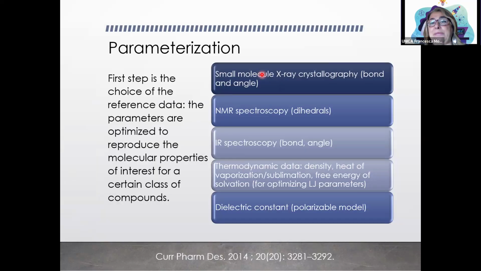How do we parameterize the force field? How do we obtain the information to use as reference when optimizing the parameters? The most used technical data come from small molecule X-ray crystallography, but also NMR spectroscopy. IR spectroscopy was at the start of the force field development, but also thermodynamic data like density, heat of vaporization, and so on.